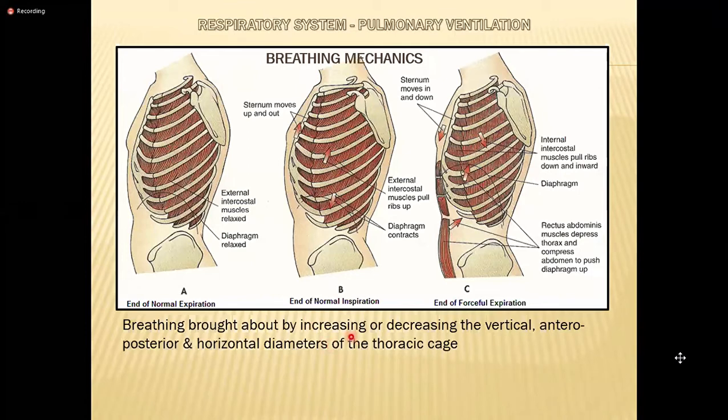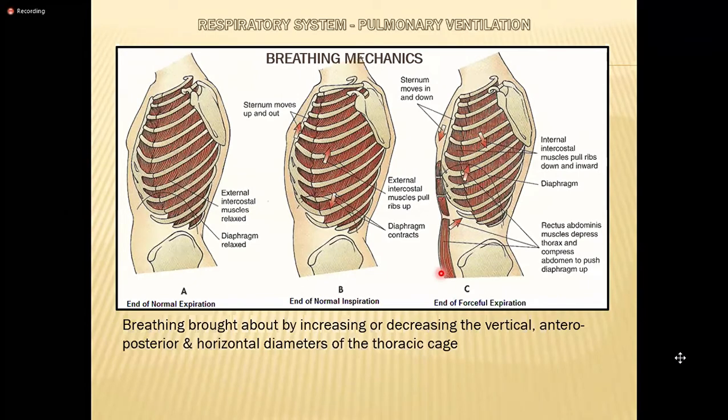Breathing is brought about by increasing or decreasing the vertical, the antero-posterior, and the horizontal diameter of the thoracic cage. Just imagine the pail. The balde has a handle, right? So that goes to the horizontal diameter of the thoracic cage.